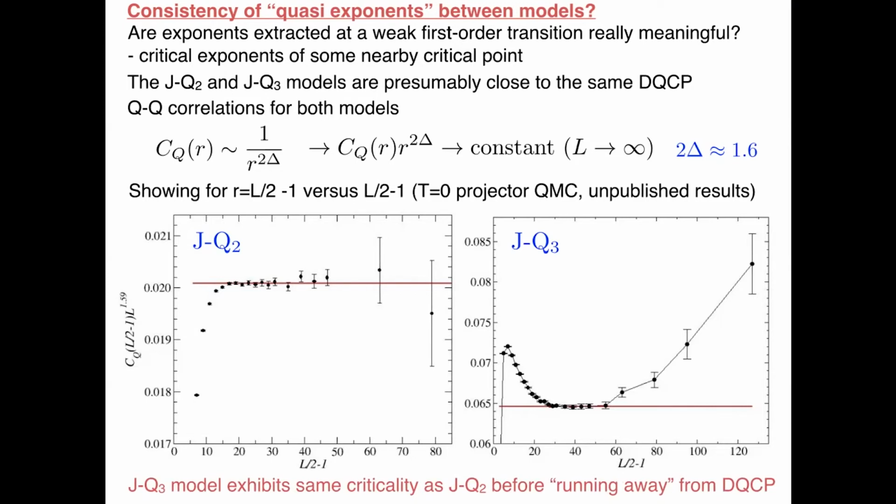But the exponents make sense, because even if this one runs away, there's a range where we analyze the data and it looks like the same power law. And if you use other powers here, it looks less nice. So this is the optimal exponent also for this one. So this is evidence that what we extract actually reflects a real critical point.